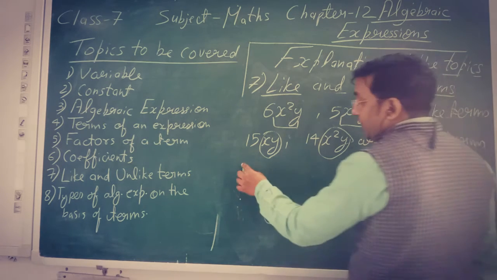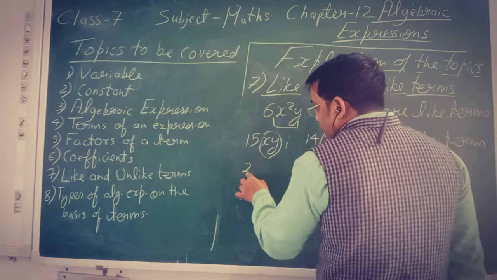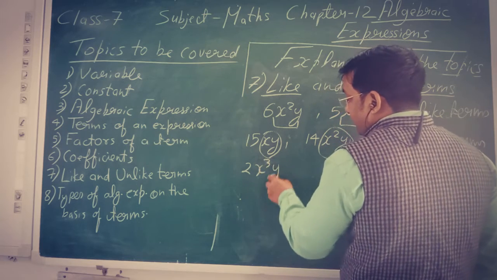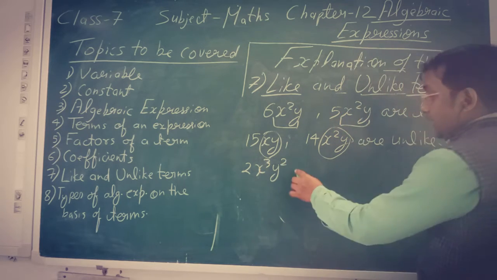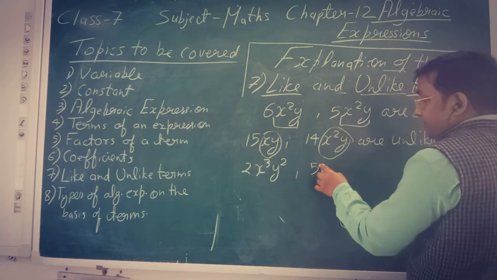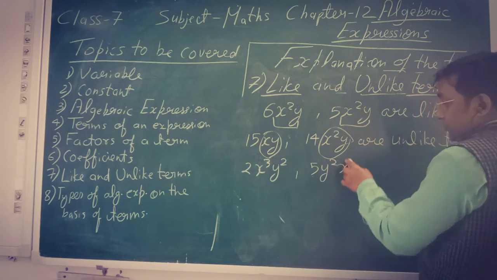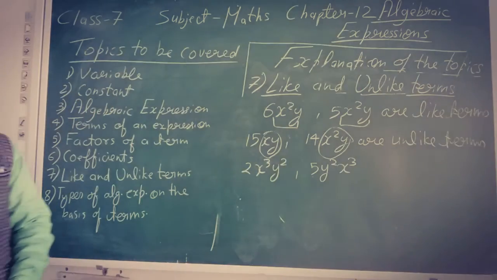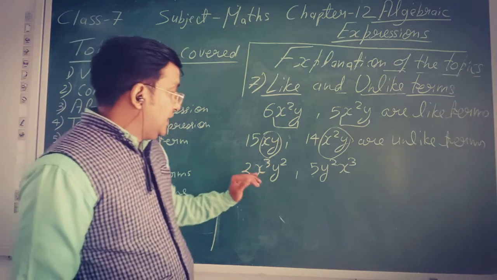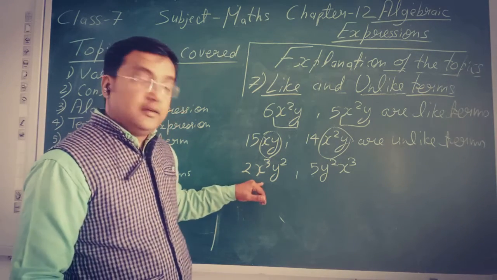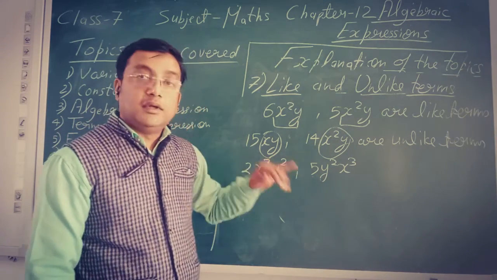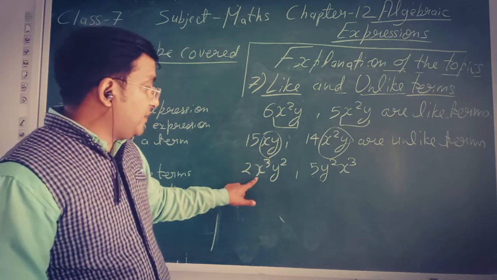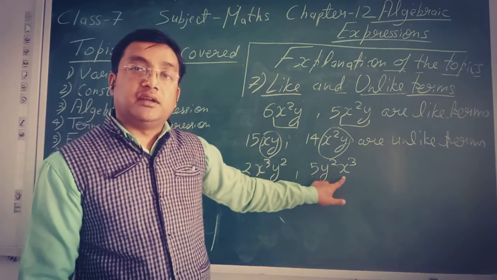Let's take one more example here. 2x to the power 3 y square and 5y to the power 2 and x to the power 3. Are they like? See this variable part. Are they same? Yes, they are same. Why? X to the power 3 is here, x to the power 3 is here.